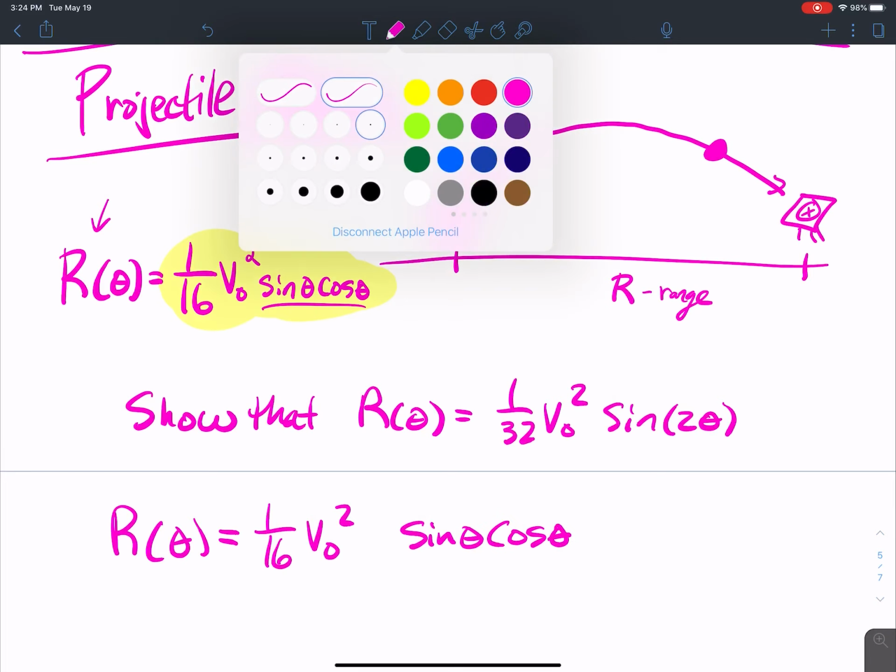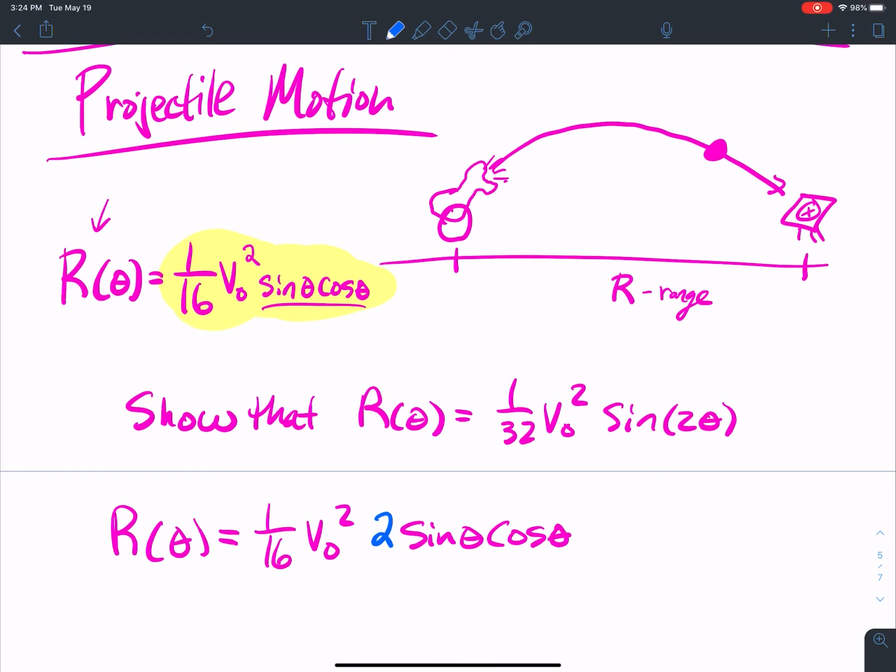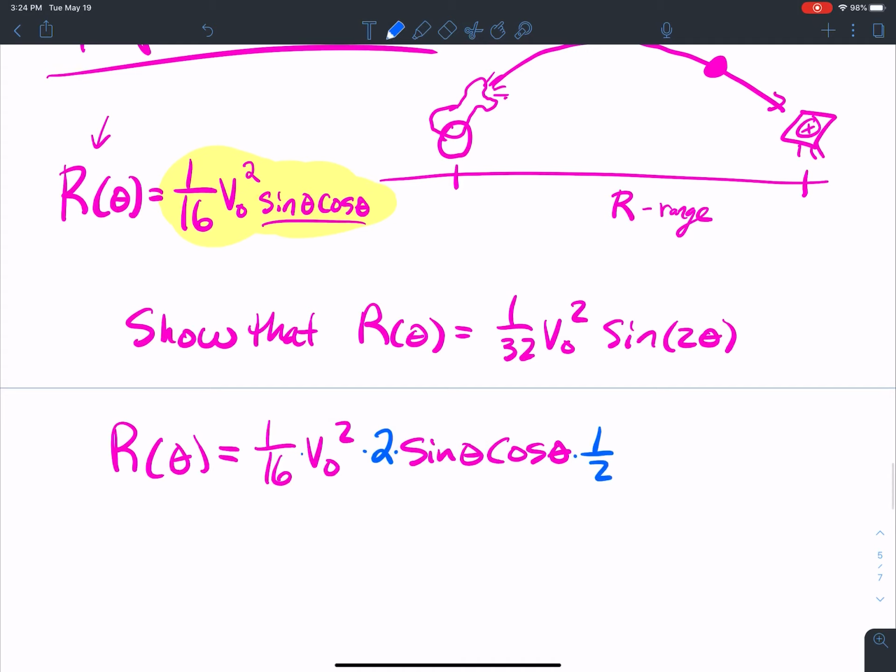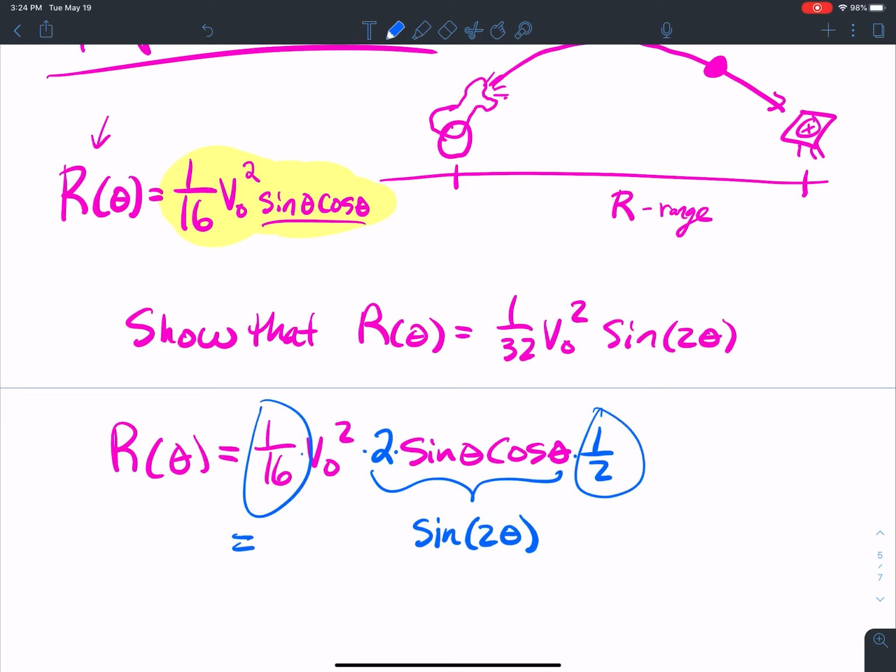But if I put in a 2, in order to not change the problem, I have to also put in a 1/2 so that those balance each other out. 1/2 times 2 is still just 1. Okay? So now this becomes a sine of 2 theta, but I have this 1/2 and this 1/16 makes 1 over 32, and then my v naught squared stays the same, and that's what I want. Okay? So if you want something in there, you just put it in.